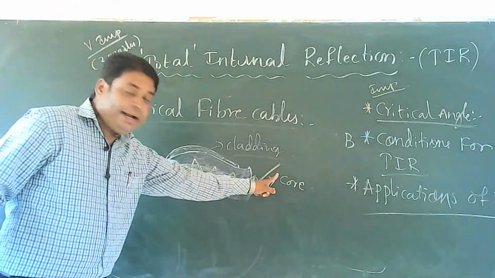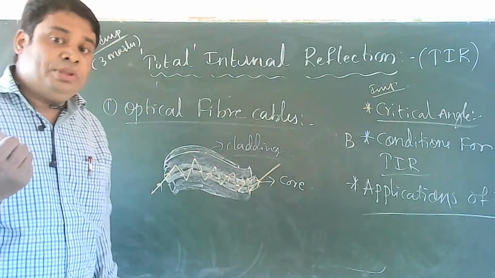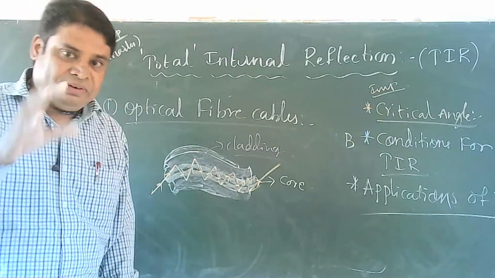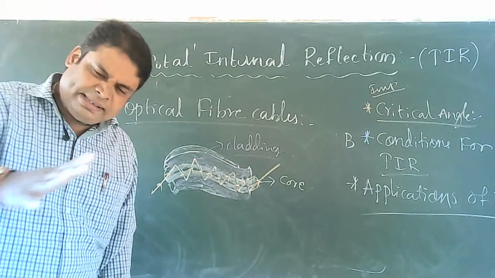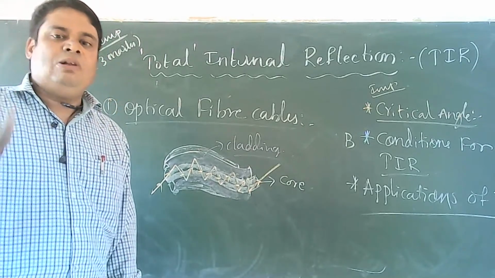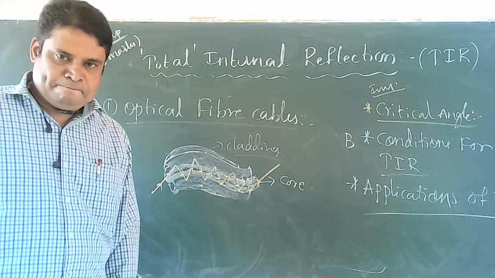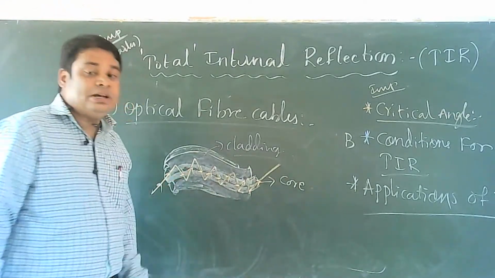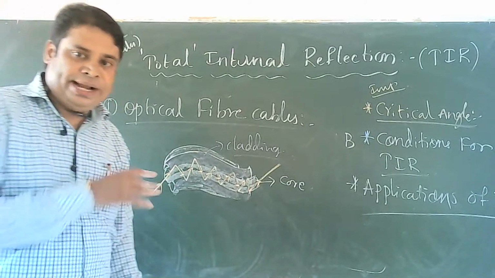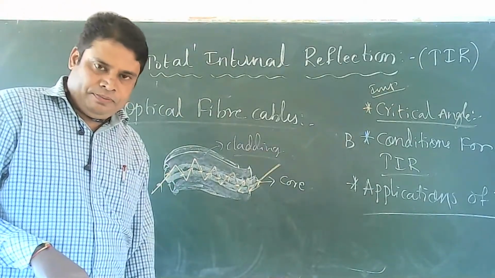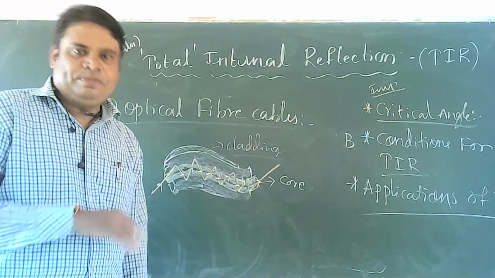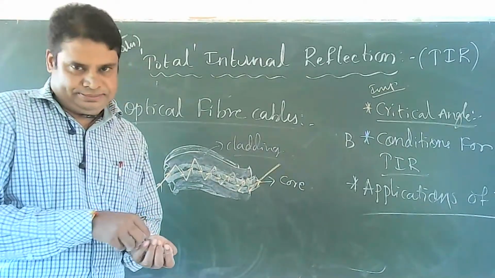At the other end we get the signal with almost equal strength. There is very little chance of loss of signal energy. That's why OFCs are considered to send and receive signals or information.